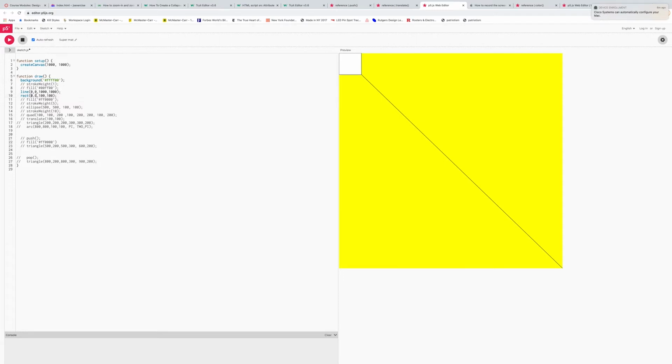And because we're starting our rectangle off at 0, 0, 100, 100 identifies specifically 100 pixels out from the left, 100 pixels down from the top.